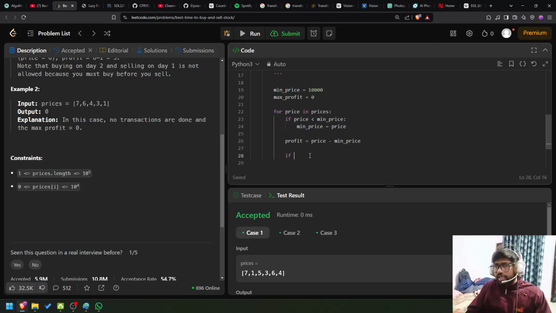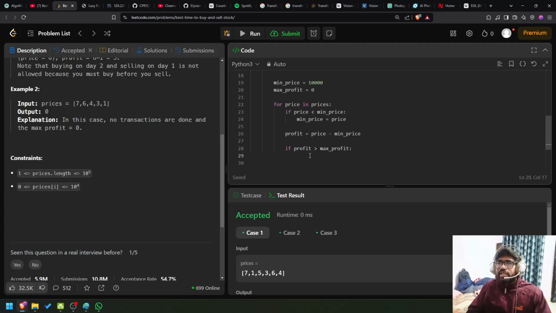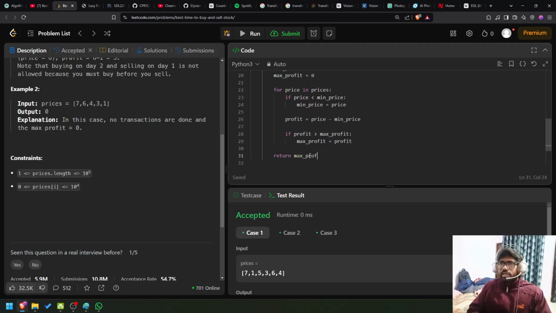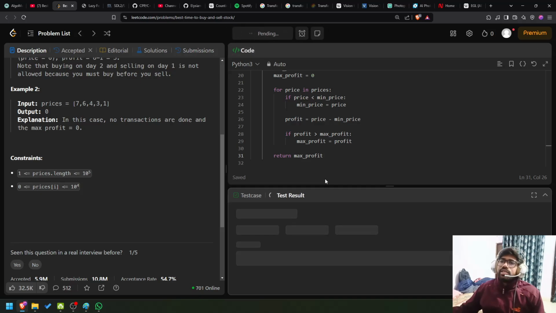Then we check if profit is greater than max profit, then we update the max profit to profit, and in the end we return max profit. Okay, got it.